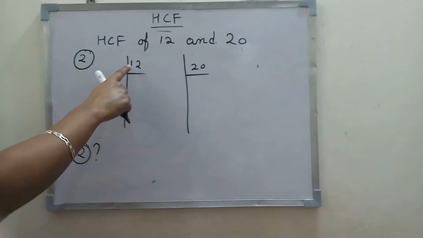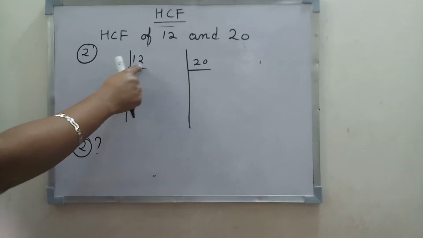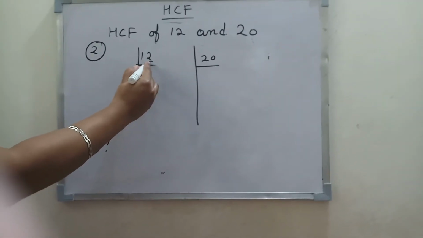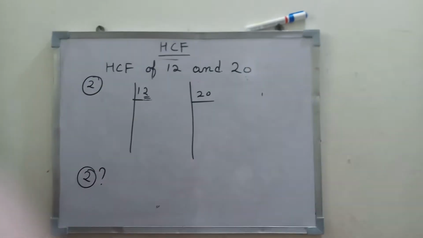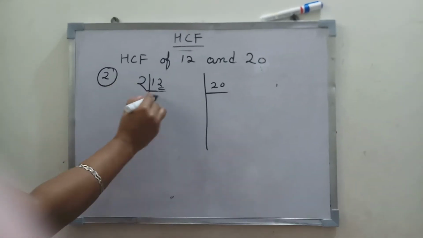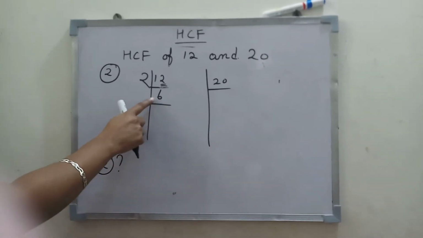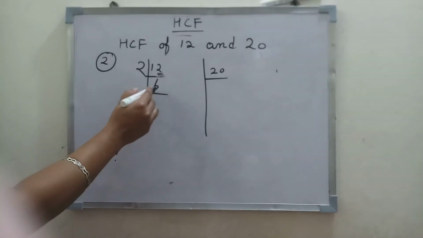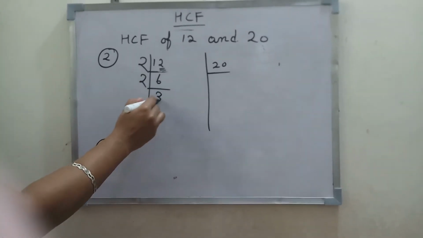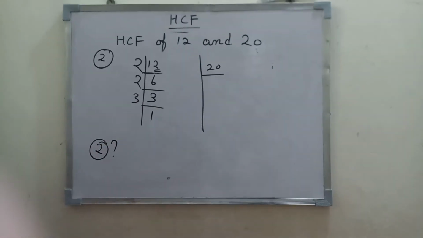The number is ending with 2, which is even, so it will be divisible by 2. 2 6s are 12. Again we focus on 6, because we are done with 12. 6 comes in the table of 2. 2 3s are 6, and 3 is a prime number, so 3 ones are 3.